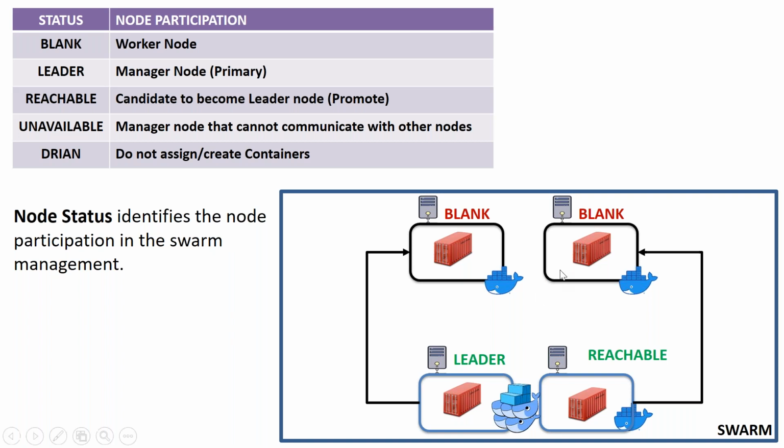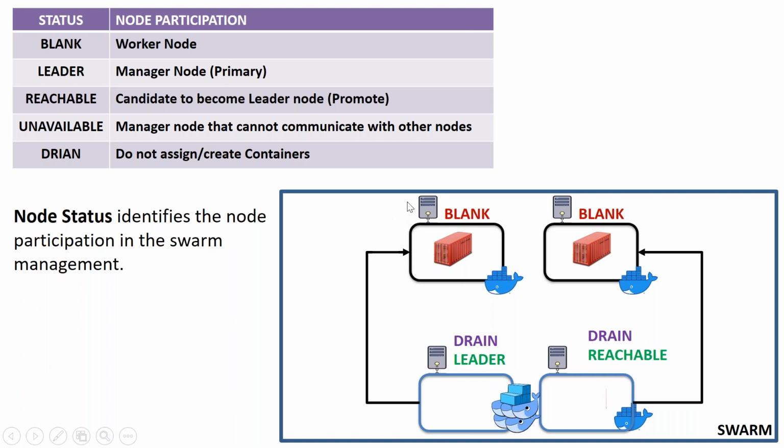Whether it is a leader or any machine, if for some purpose you do not want Swarm to allocate containers to that machine, then we have a new status called drain. If you set drain, then when Swarm is running, it will automatically see that, okay, I will not allow any containers to be created.